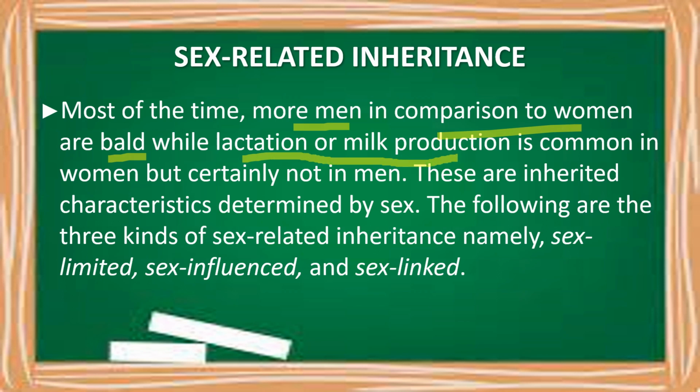It is common for women to lactate, especially after having a baby, but certainly not in men. You never hear of a man producing milk. So these are inherited characteristics determined by sex, because of the sex chromosomes. The following are the 3 kinds of sex-related inheritance, namely sex-limited, sex-influenced, and sex-linked.